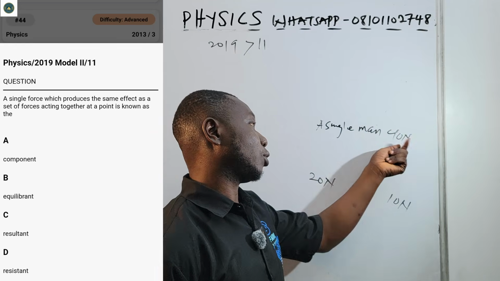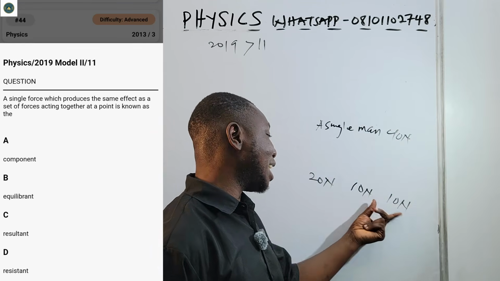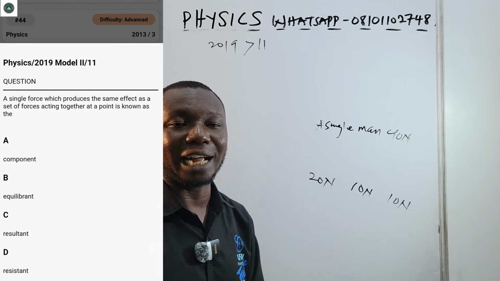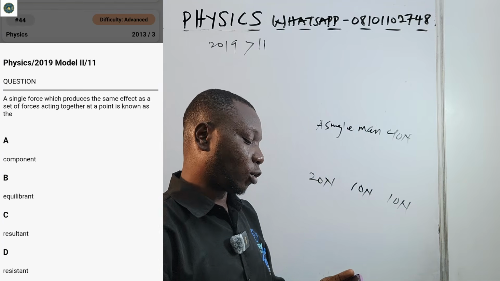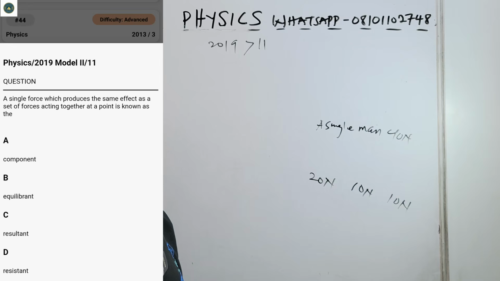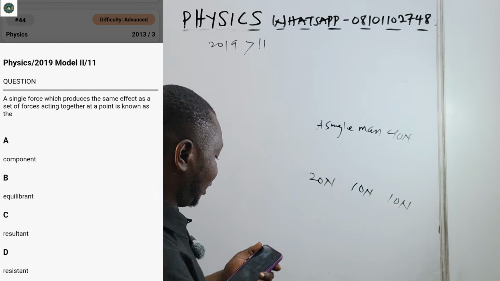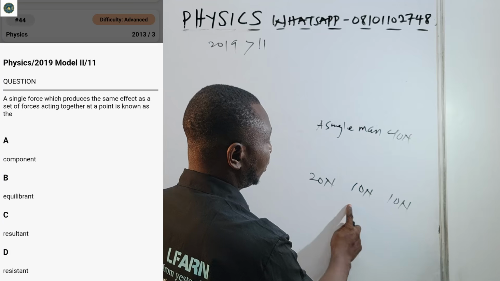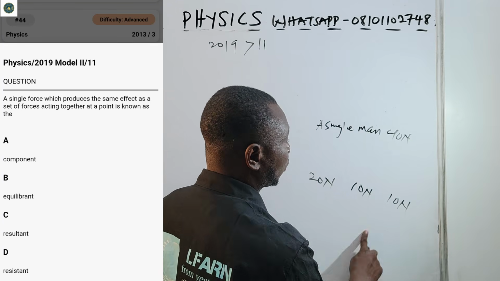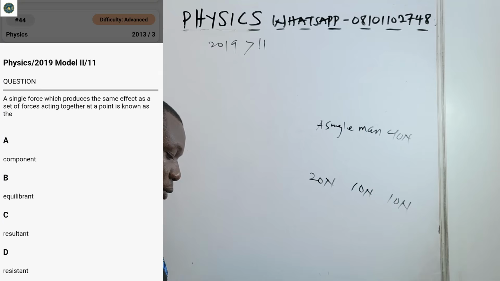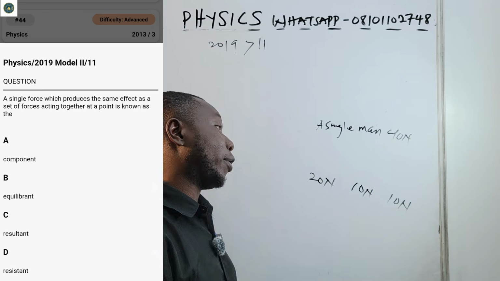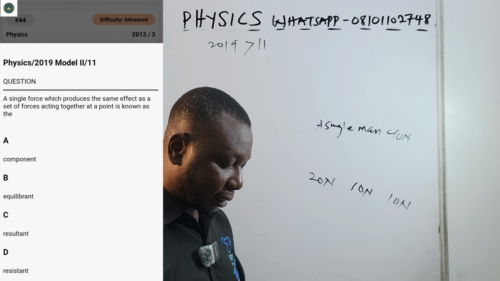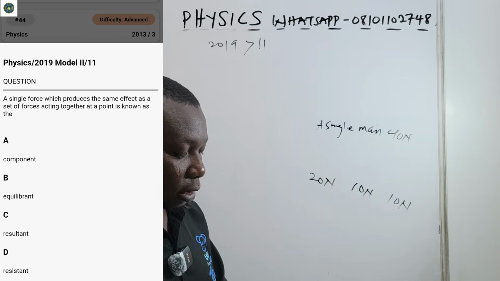So when you add all these forces together to produce a force of 14 Newton, that is the resultant force. A single force which produces the same effect as a set of forces. What are the set of forces? We have 20 Newton, 10 Newton, and the other forces acting together at a point. That is the resultant. So the answer there is C, which is resultant.